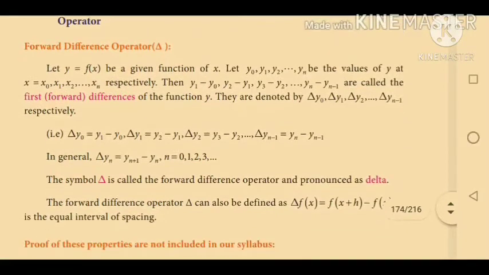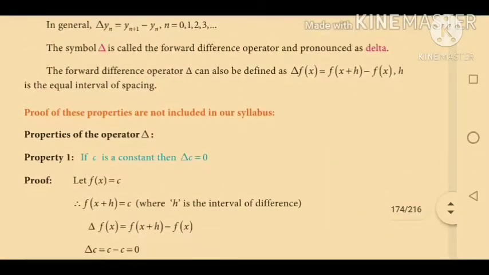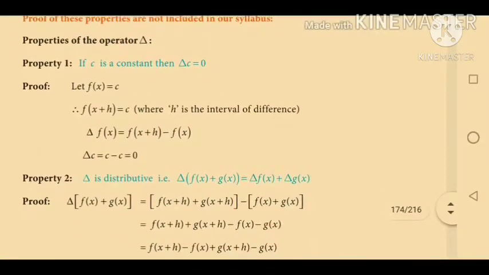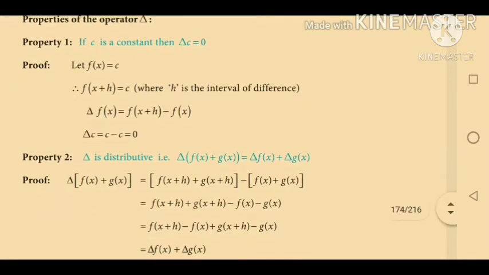So for the forward difference operator, we are using some properties. Let f of x equal to c, a constant; therefore f of x plus h equal to c, where h is the interval of differences. Then delta f of x equal to f of x plus h minus f of x.